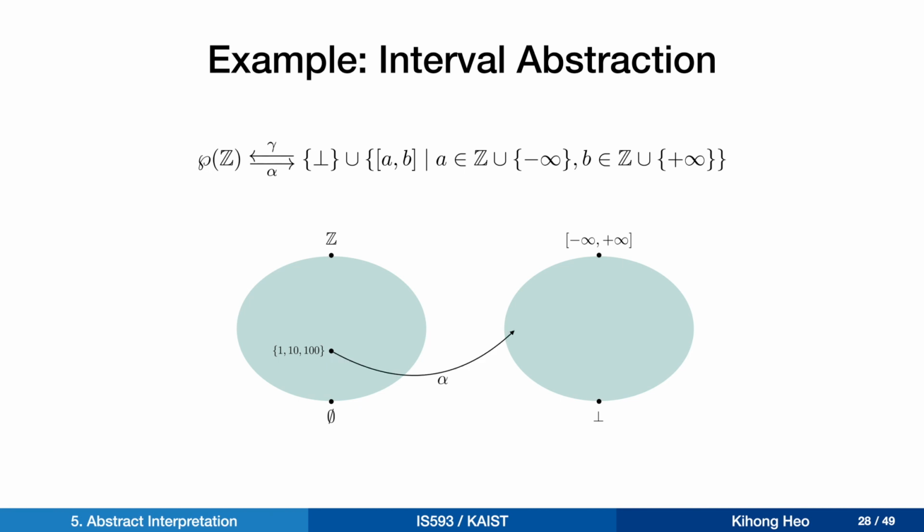That will be this interval, where the minimum is 1 and the maximum is 100. Then what is the concretization of this interval? That will be the set of integers between 1 and 100, which is much smaller than the case using the sign domain, but still it is sound.